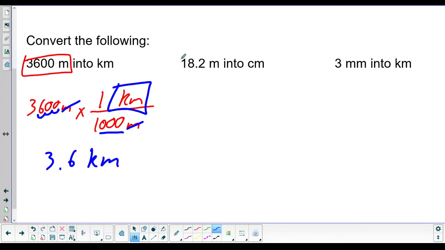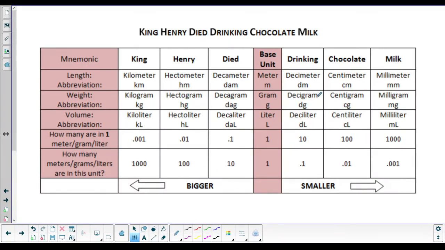Okay. If we want to go from meters to centimeters, something smaller, we're going to say we have 18.2 meters times, there are 100 centimeters in a meter. And I'm just going off of this chart from yesterday. Here it is again, if you'd like to rewrite it down.